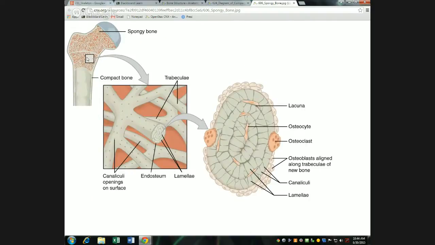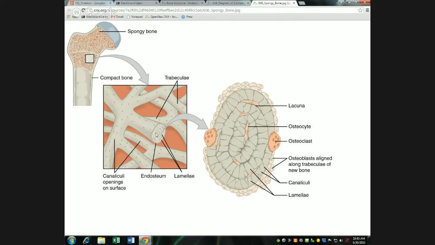But if we look at spongy bone a little bit more closely, and here they're suggesting we're looking in the epiphysis metaphysis kind of tissue there. It's made up of a bunch of little tubular structures of bone tissue with big gaps between them. And the space between these pieces of bone is largely going to be filled with bone marrow.